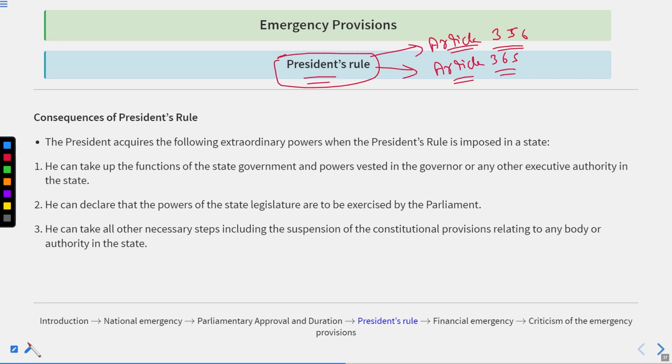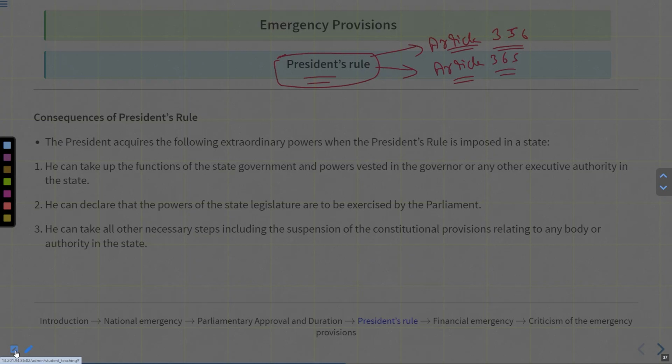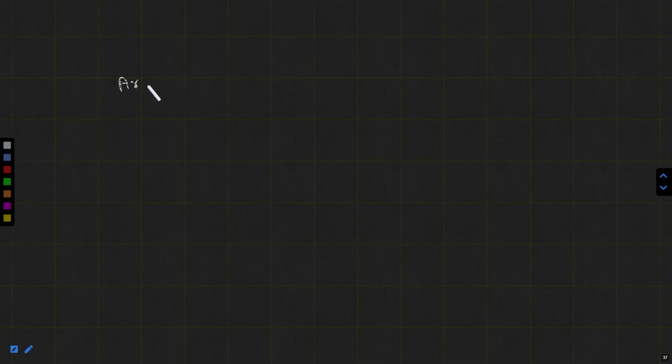Now I'm going to ask you a very simple question: Article 356 stands for which emergency? Which type of emergency? Okay, you have 30 seconds to think and answer, then I will tell you the answer.